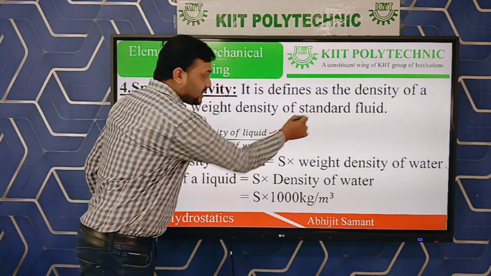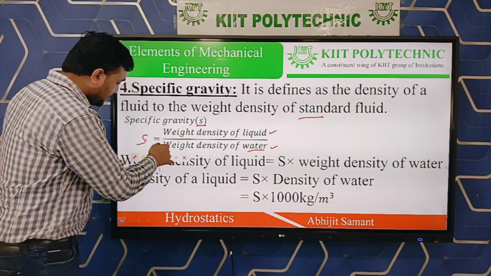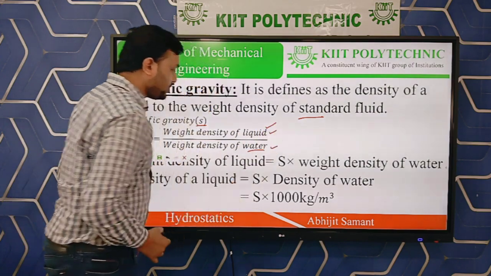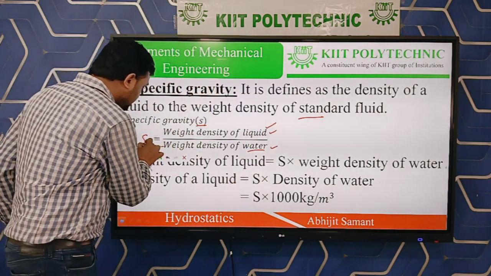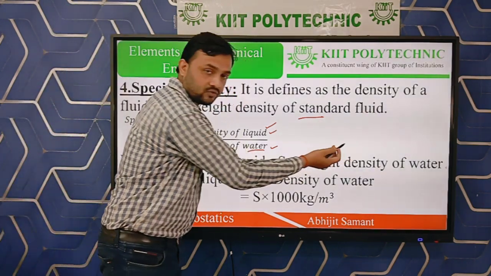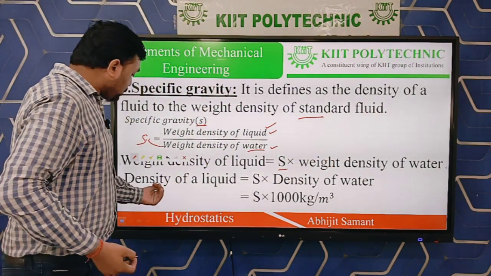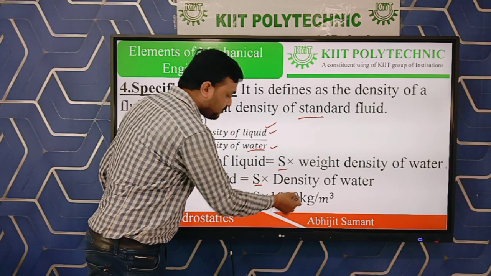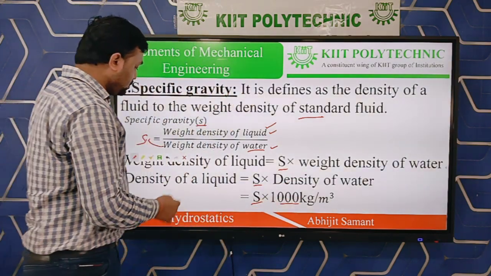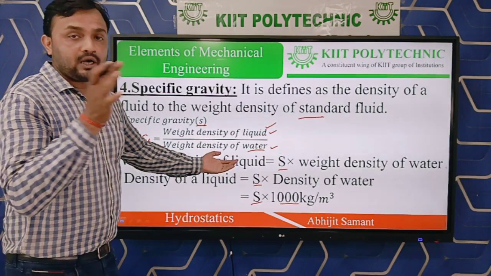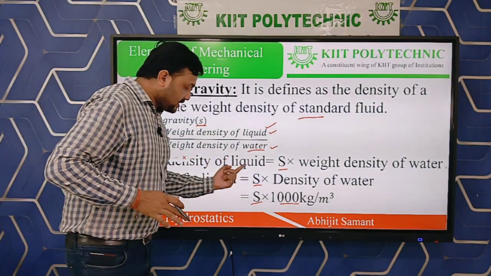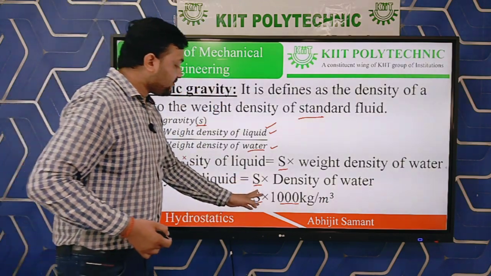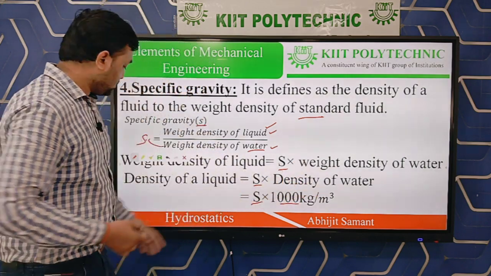So my equation becomes weight density of liquid equal to S into weight density of water. What is the density of water? 1000 kg per meter cube. So weight density of unknown liquid equals specific gravity of the liquid into density of water.